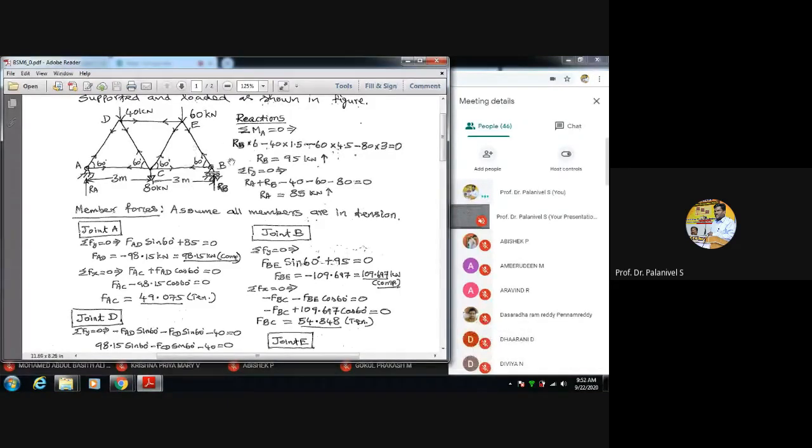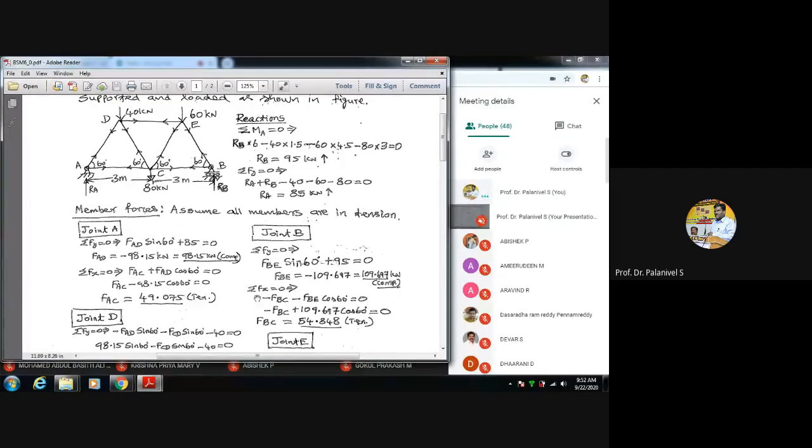Just put a circle here with the pencil and resolve it vertically. So FBE sine 60 plus 95, RB is 95, is equal to 0. Therefore, force in the member BE is found to be minus 109.697. That is 109.697 kilonewton compression, because negative you are getting.